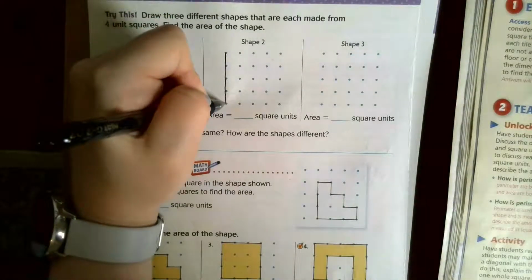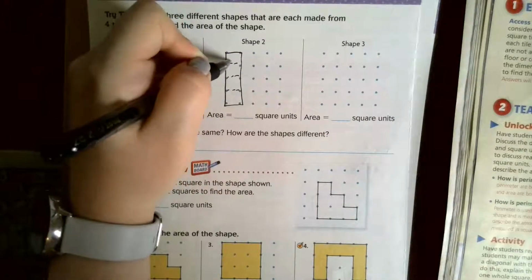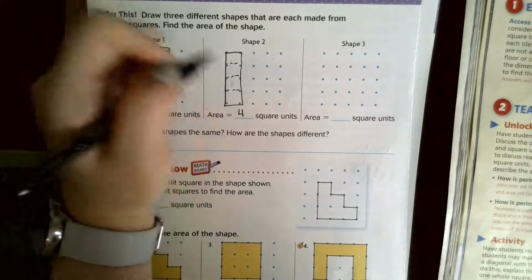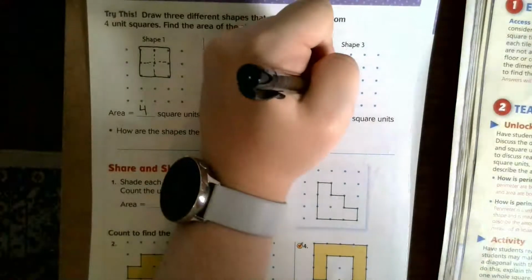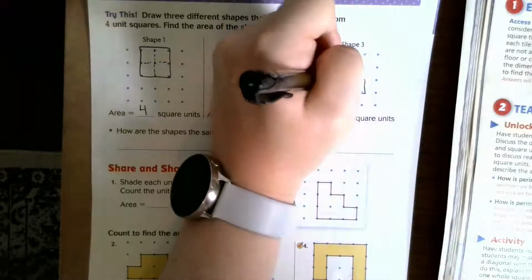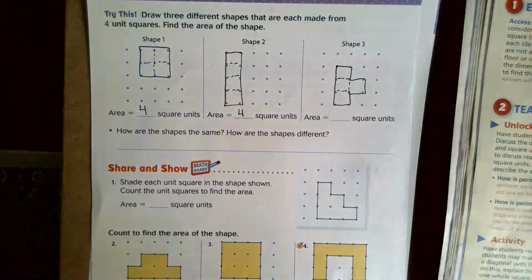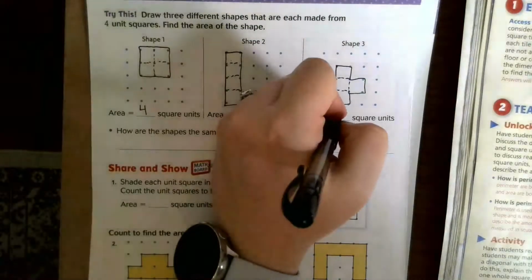Or we could do something like this. 1, 2, 3, 4. Or we could do even something like this. And there are a few other different ways that you could make a shape with 4 square units.